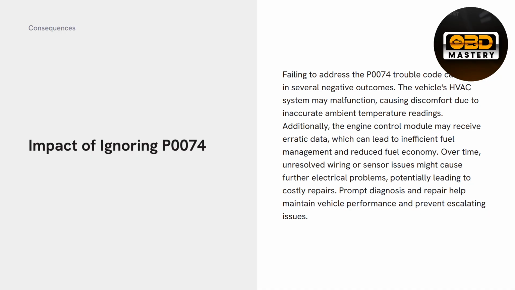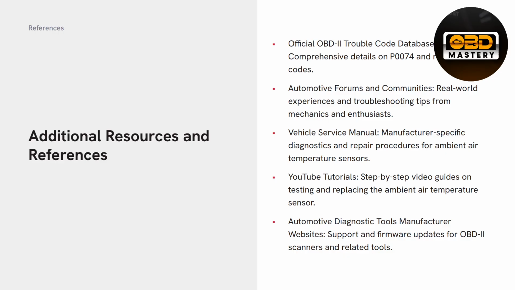Additionally, the engine control module may receive erratic data, which can lead to inefficient fuel management and reduced fuel economy. Over time, unresolved wiring or sensor issues might cause further electrical problems, potentially leading to costly repairs. Prompt diagnosis and repair help maintain vehicle performance and prevent escalating issues.